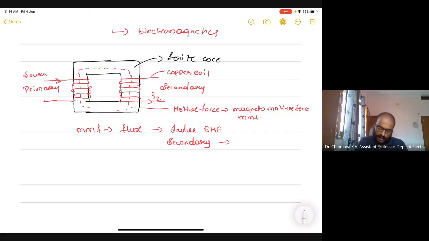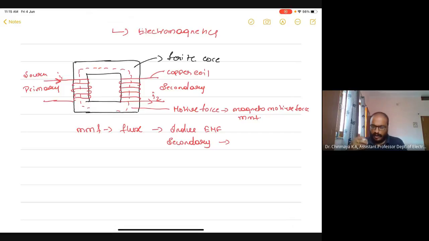So basically we will be having I1 in the primary coil. This flow of current will induce a magnetomotive force in the magnetic domain. The magnetic field will be created in the ferrite core. That's why this core should be magnetic.